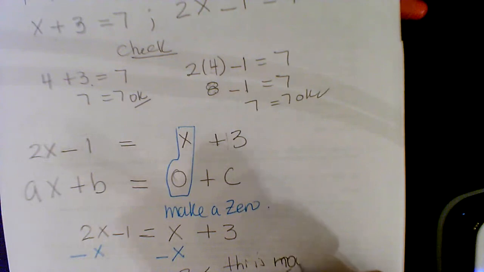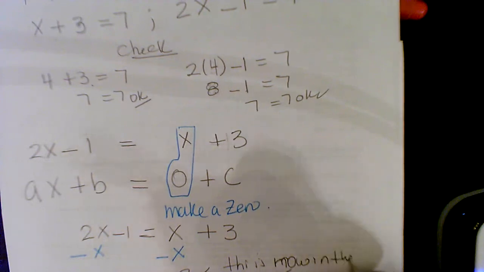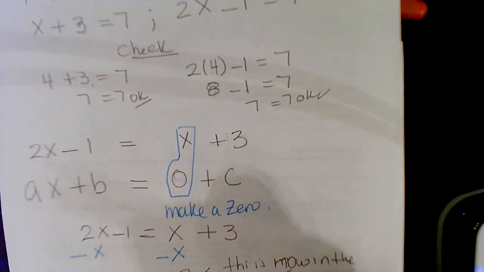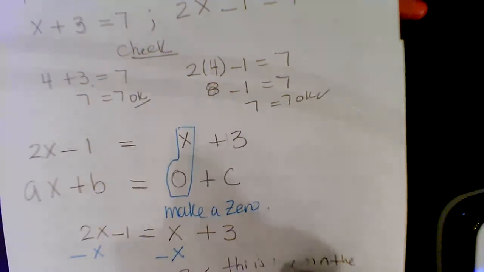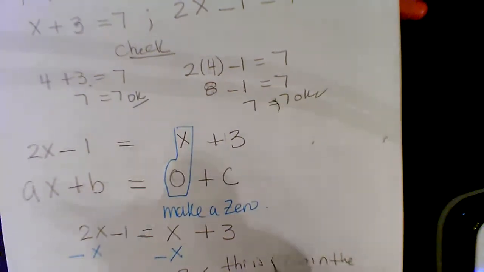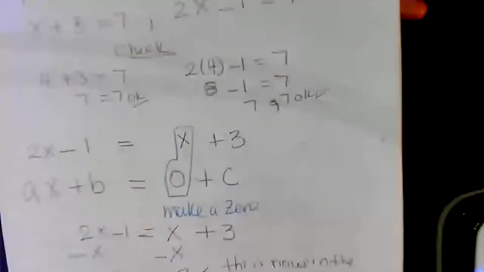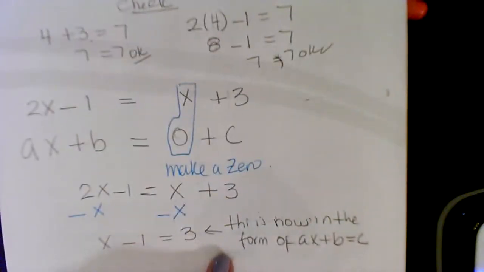This is now in the form of ax plus b equals c. Now you know how to take it from here.